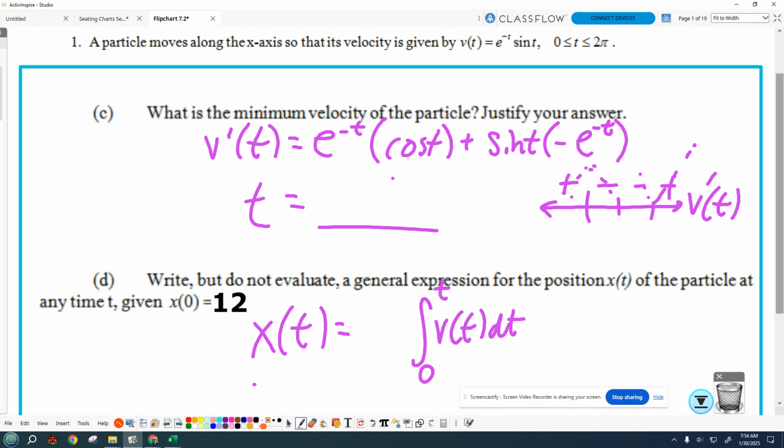Is that going to tell me the position of the particle? I'm missing something. Yeah. All you have to say is plus 12. You need to tell me, where did you start and then you added this much change?